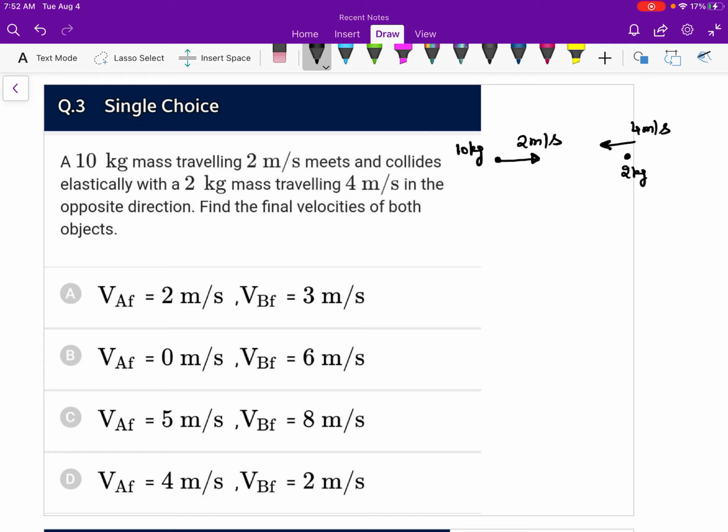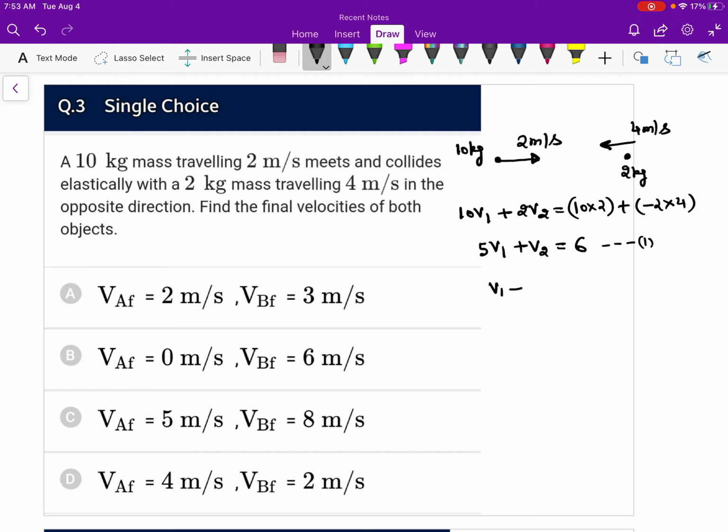So applying linear momentum conservation, 10 v1 plus 2 v2 is equal to 10 into 2 plus minus 2 into 4. So this is 5v1 plus v2 is equal to 20 minus 8, 12 by 2, which is 6. So this is first equation. Second equation, velocity of approach is equal to velocity of separation.